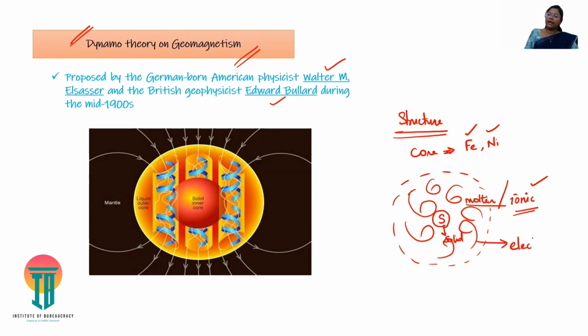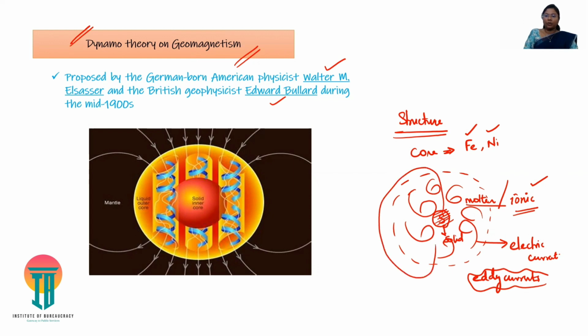They result in electric current, and what we call the eddy currents. And the solid core is again made up of a conductor or the same metal, and it is surrounded by currents. So what will happen? This particular core would induce a magnetic field.